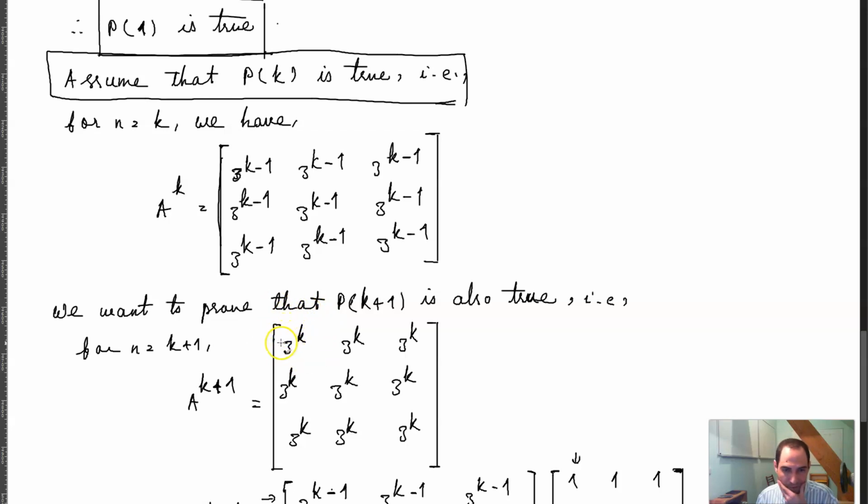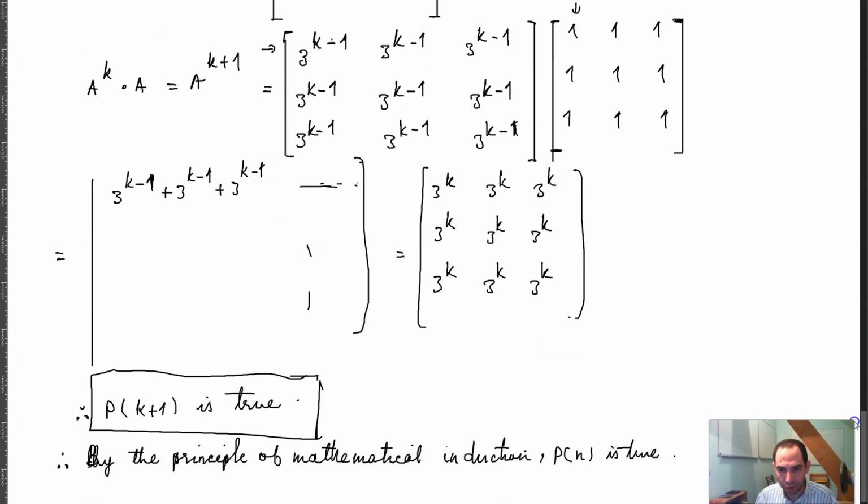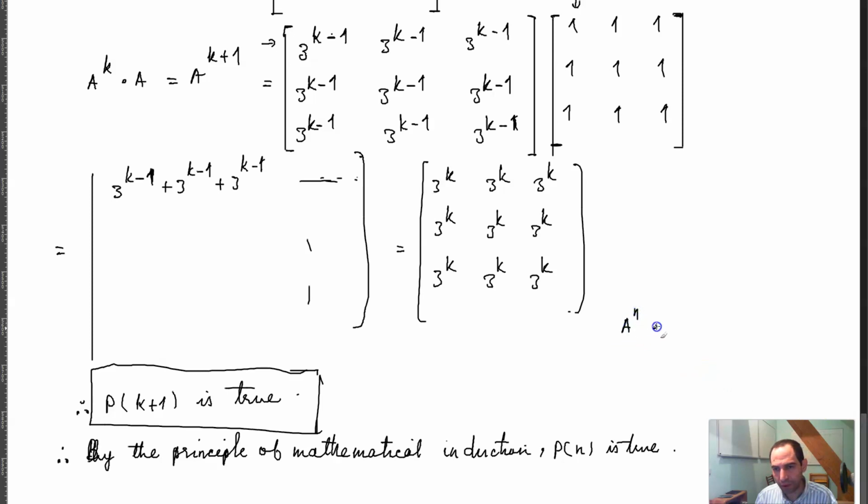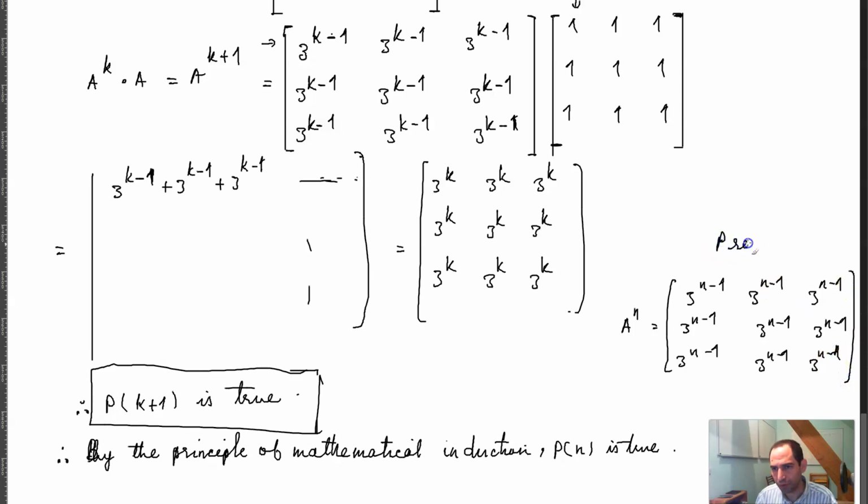And therefore, for general n, you will get 3 raised to the power n minus 1 in every entry, which means that A raised to the power n is equal to that matrix, and that is proved, for all n belonging to the set of natural numbers, of course.